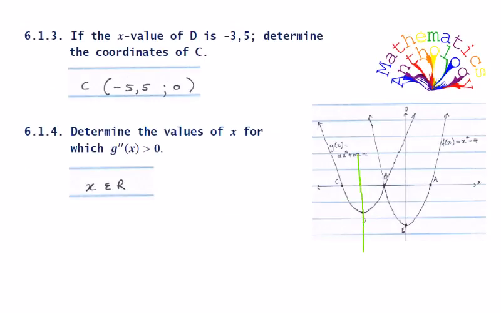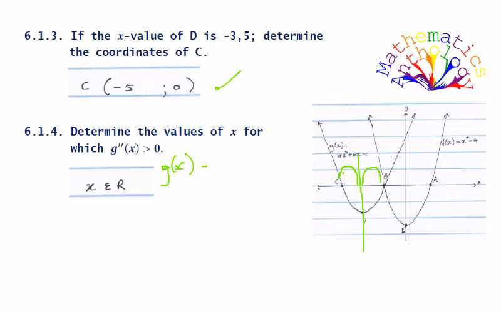6.1.3, if the x value of D is negative 3.5, determine the coordinates of C. So we need to look at our graph to see where D is and where C is. So D is the turning point of the graph of g. The x value there of the turning point is the axis of symmetry of the graph of g.